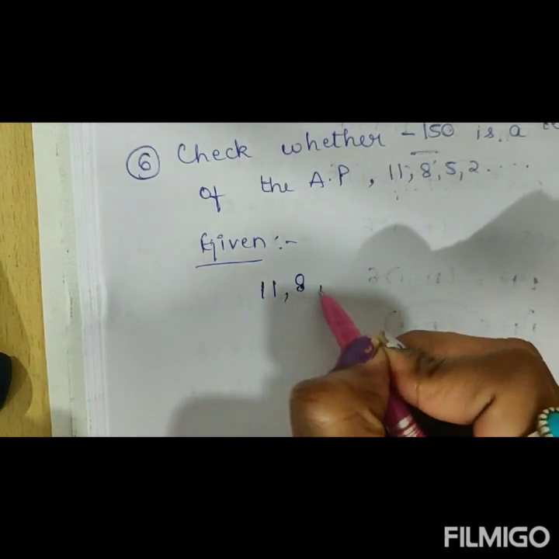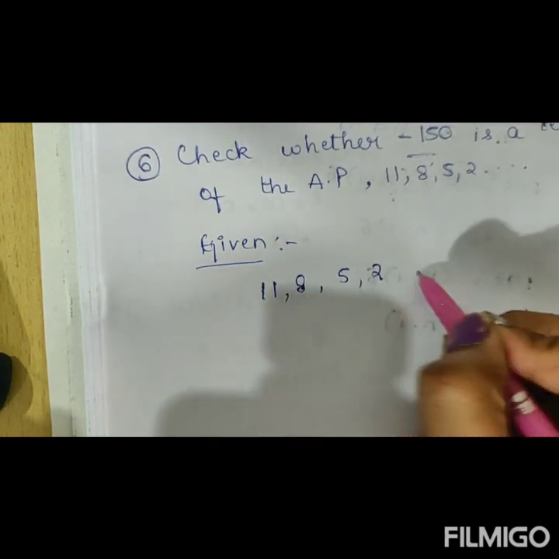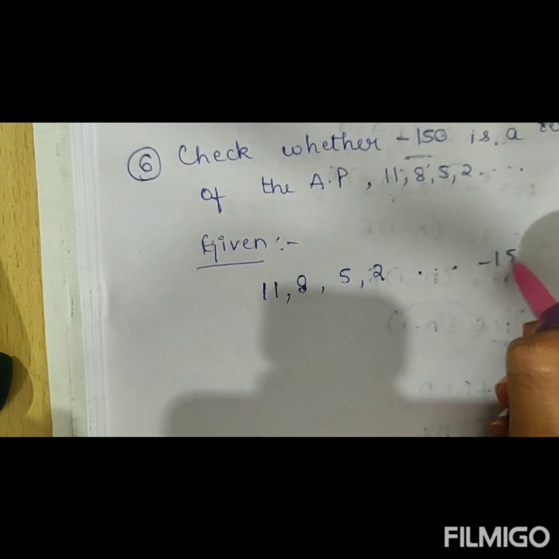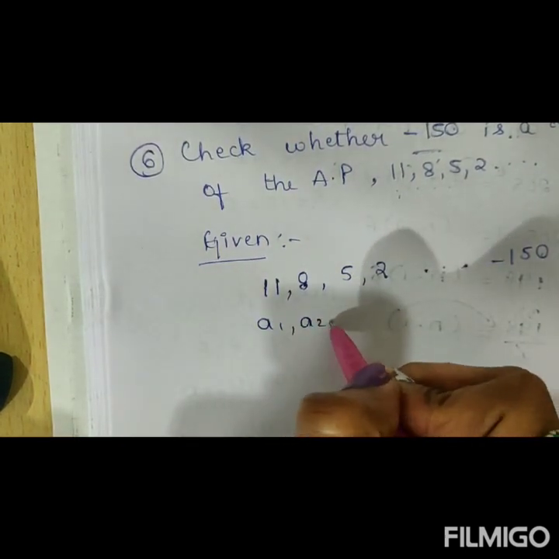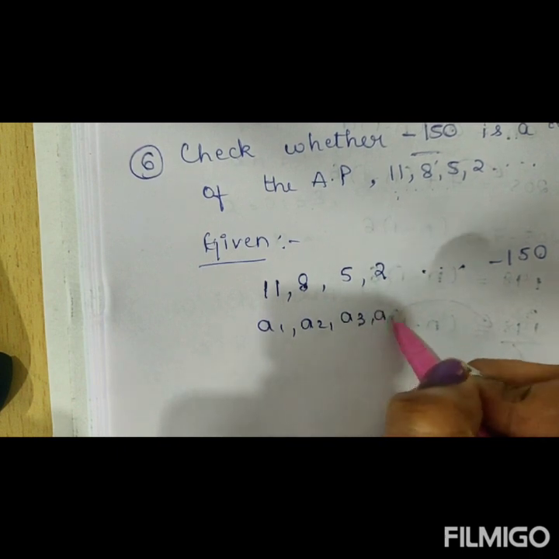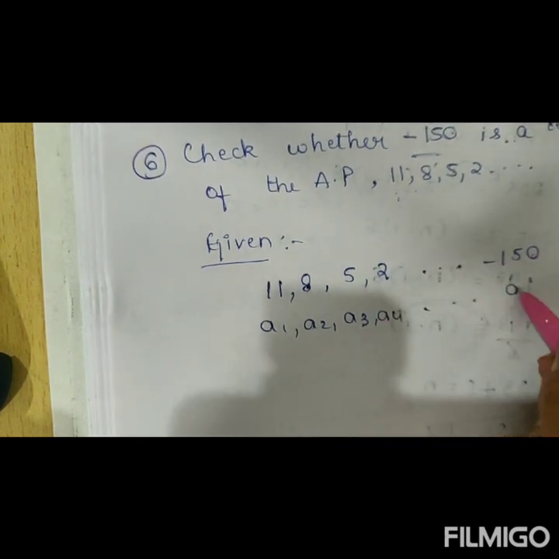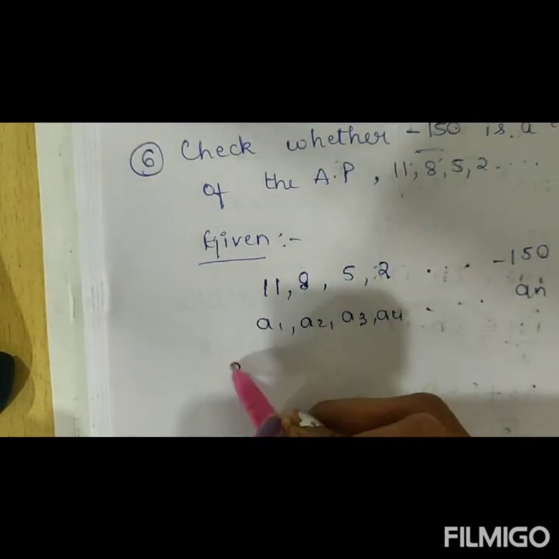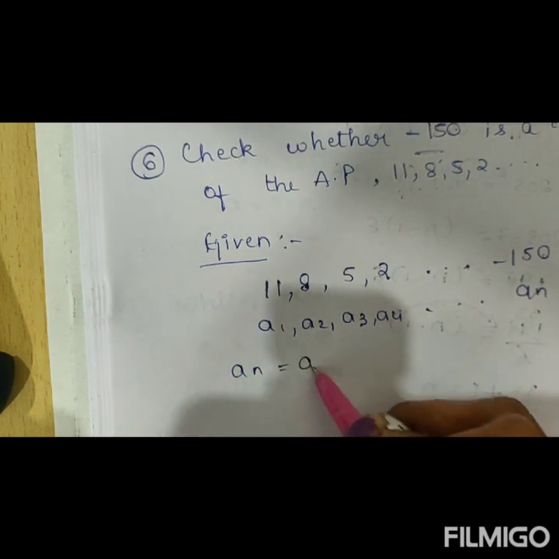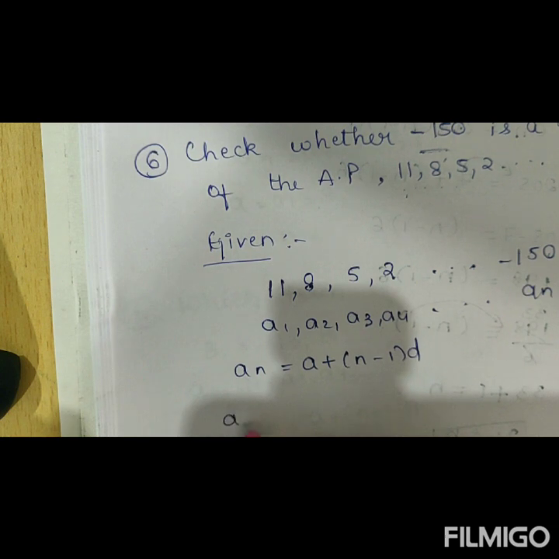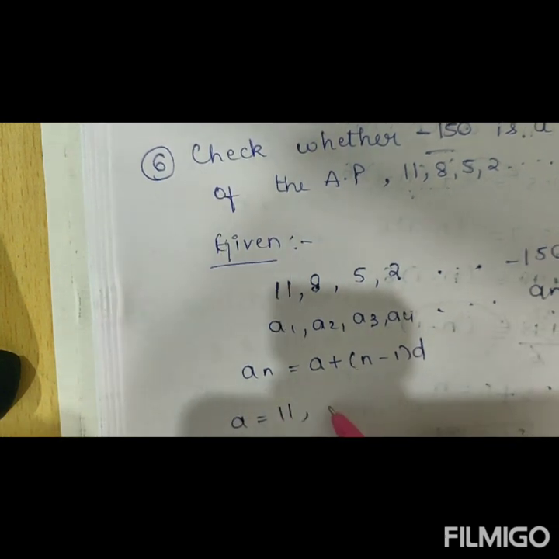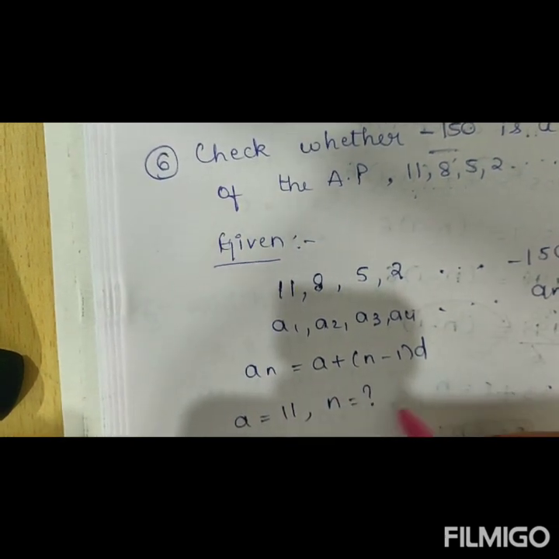Series is 11, 8, 5, 2 and minus 150, A1, A2, A3, A4 and this is AN. So we know that AN is equal to A plus N minus 1 into D. What is A? 11. So what is N? We don't know. We have to calculate.